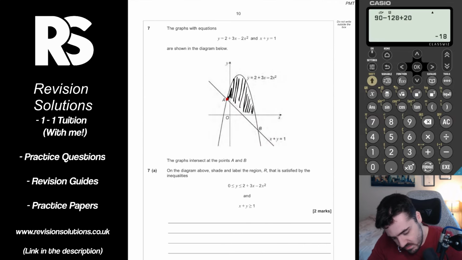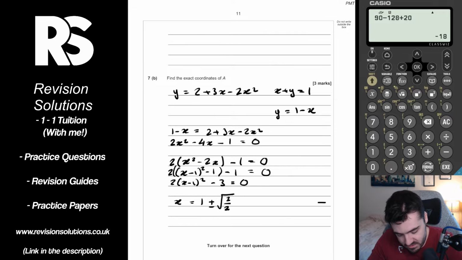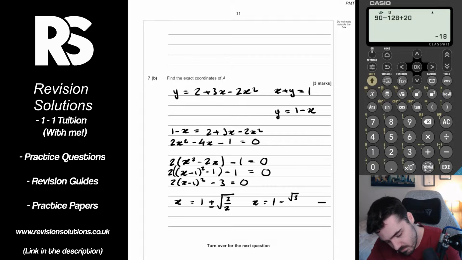And then we've got two solutions because there are 2 points of intersection. So if we want the A point, it's actually the minus version of that. So x would be 1 minus the square root of 3 over 2. Sorry, that's all rooted, 3 over 2.